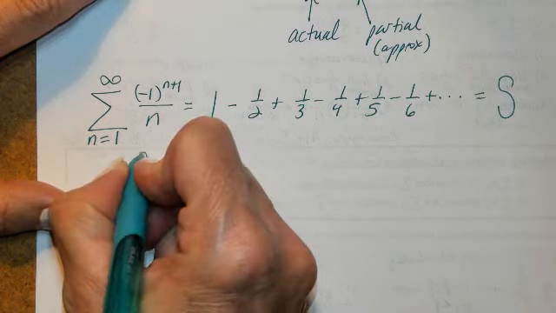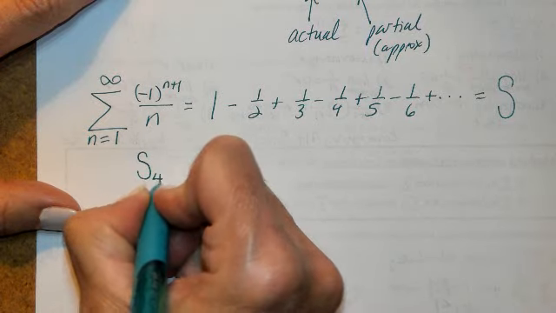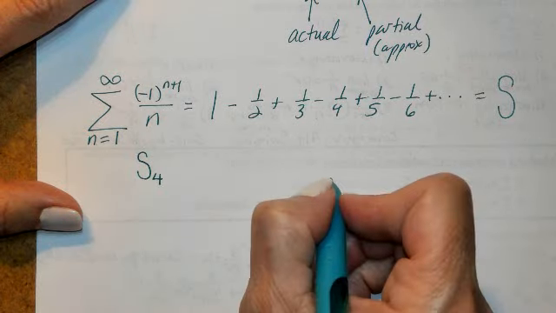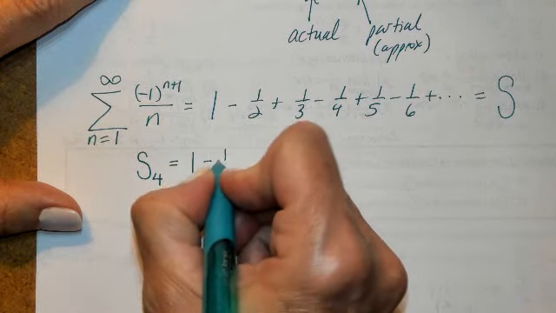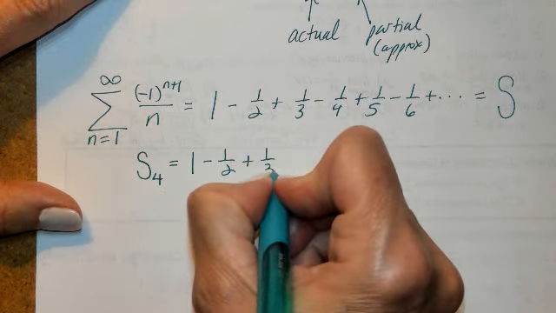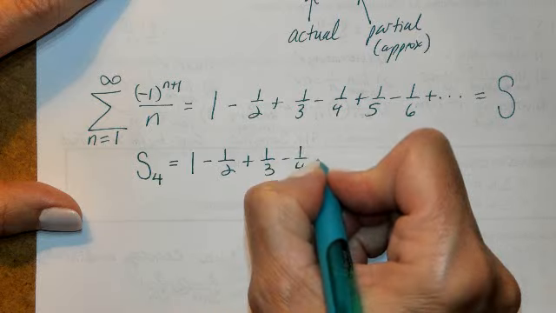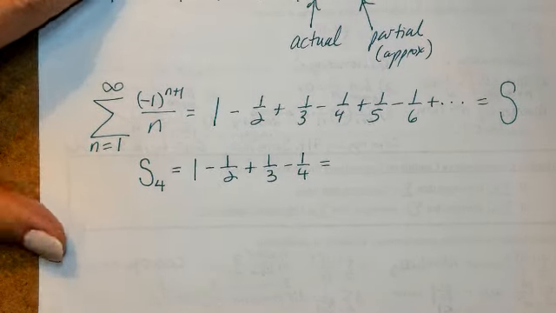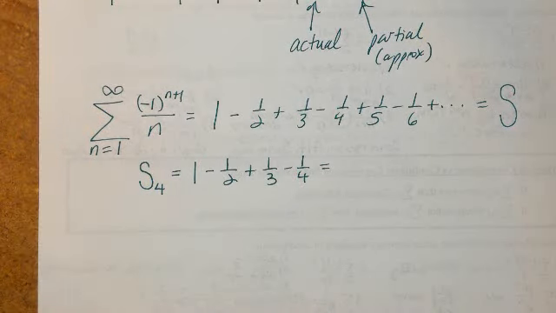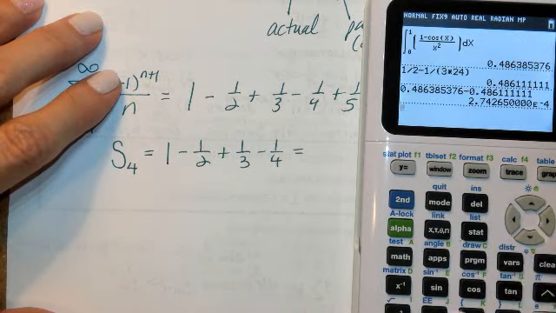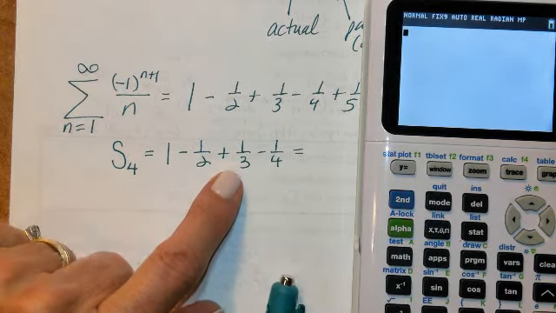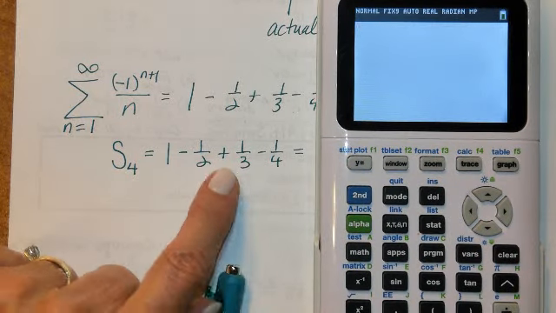Let's approximate it using the first 4 terms. So the sum of the first 4 terms would be this. And just for the sake of introducing this to you, I will go in and actually find a number for this.